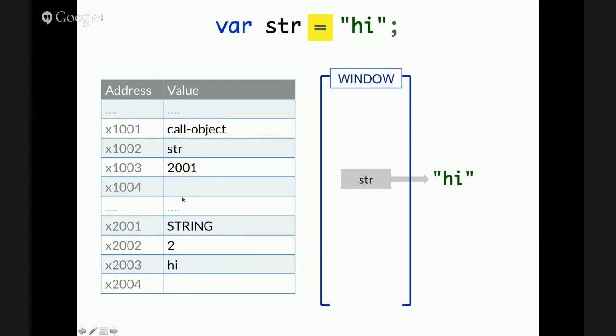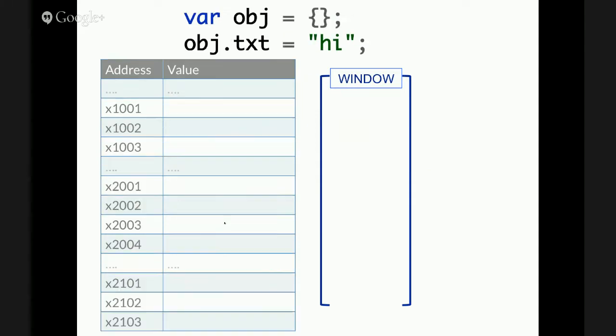This isn't what happens in reality, but it's an approximation. We could go through the call object, find the value that we're trying to read, go to the next memory address space to then reference the actual data that stir points to. So that's kind of how pointers work a little bit in memory. This is an important thing to understand.